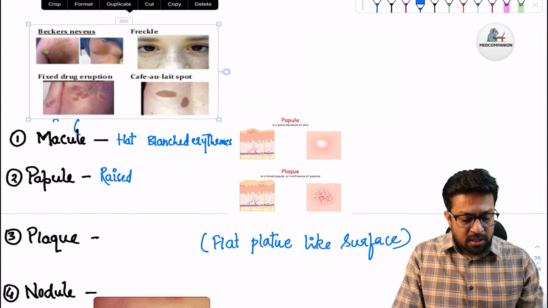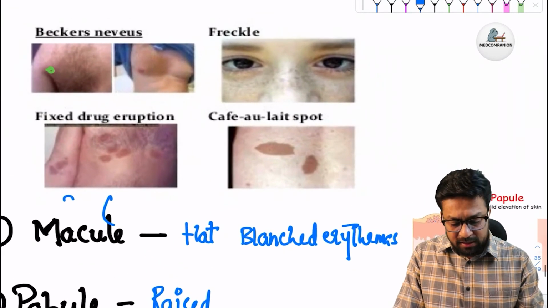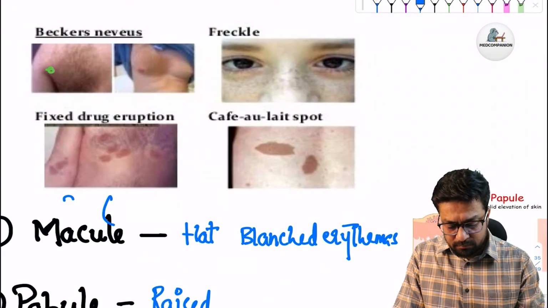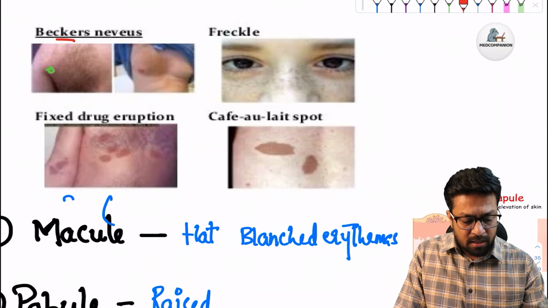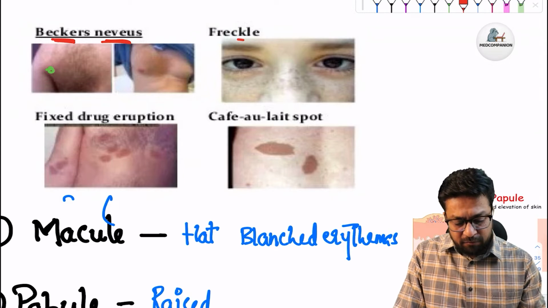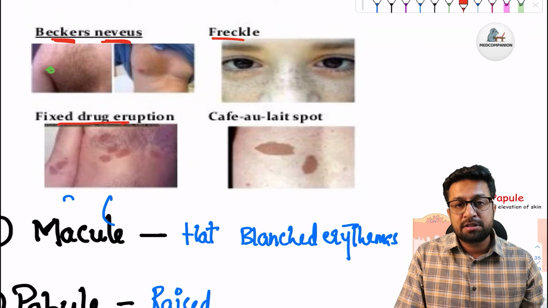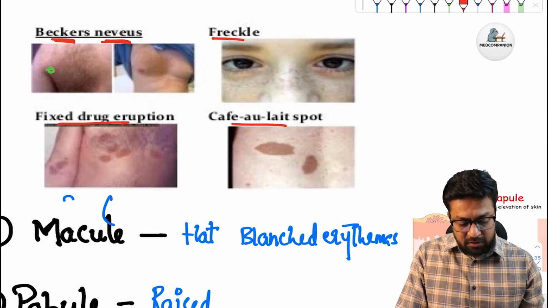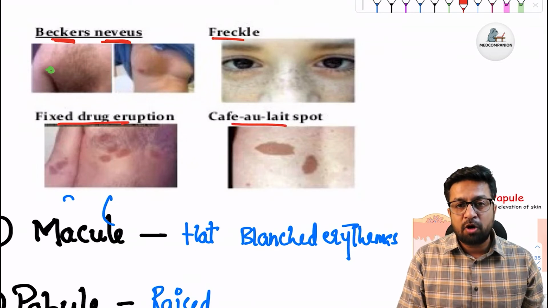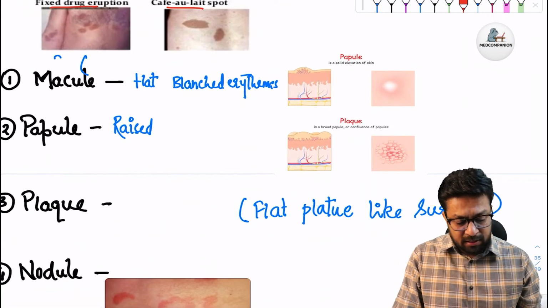Here are some examples where we can get these macules, like Becker's nevus. Then you have freckles around the eyes. Then you have fixed drug eruptions, which are also brown. And finally, we have the cafe au lait spots. These are all brown macules.